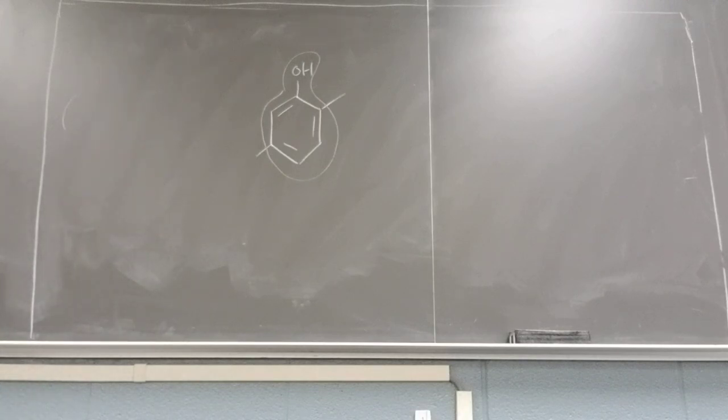I'll give you 1 minute. So there's a benzene ring, and you have a hydroxy group attached to it, and we have a specific name for it. Okay? I hope you guys remember this. And then you add an additional group. Okay, 30 seconds.